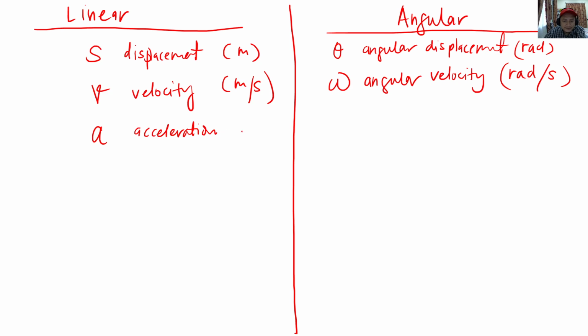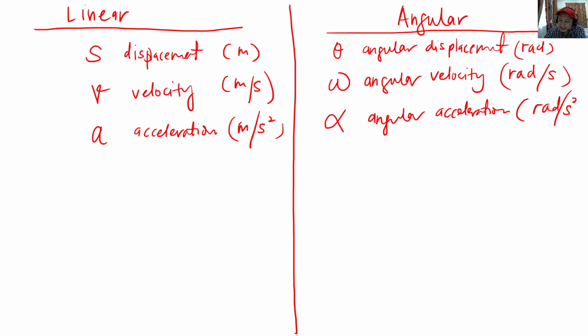Meter per second squared, or meter per second every second. Either way. This one will be alpha, or angular acceleration. So radian per second squared. So these are the three main things.